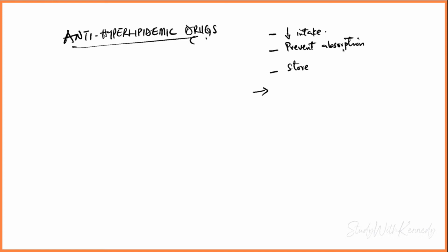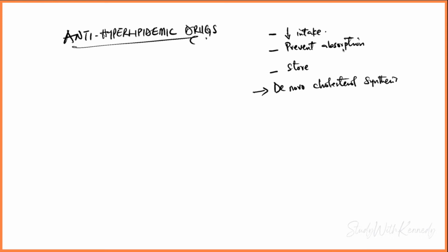The liver, the body itself, makes cholesterol. There's de novo cholesterol synthesis. What this means is that people do not need to eat excess cholesterol to have high blood cholesterol levels.